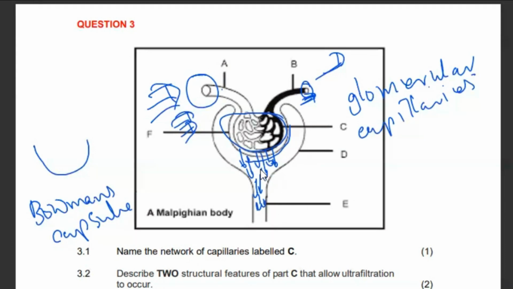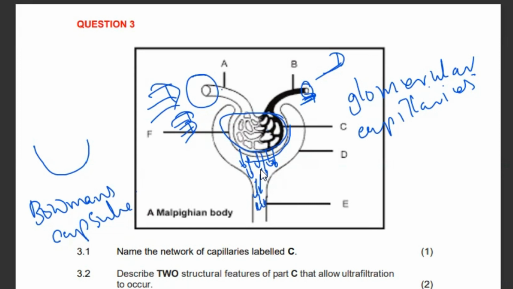Yes, it's coiled to increase the surface area. Check how coiled it is. Number two is one layer thick, meaning that it allows substances to go through. Since they're only talking about C, not C and D, we can leave it there.